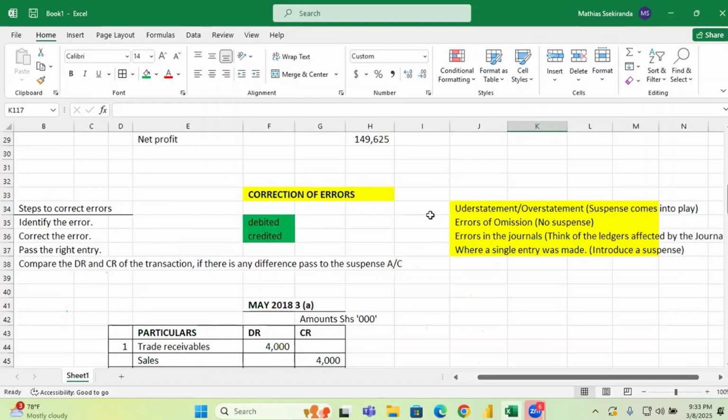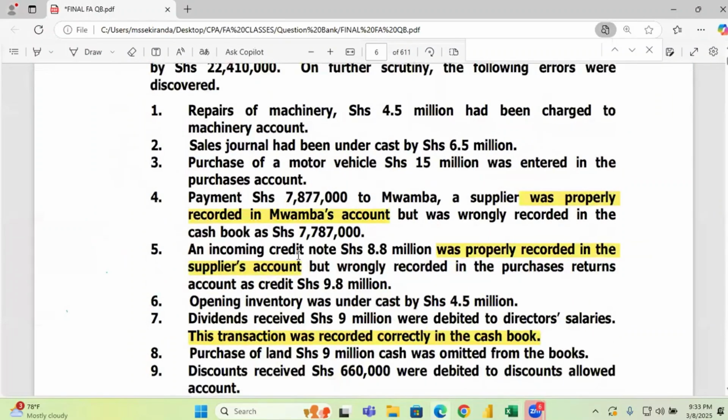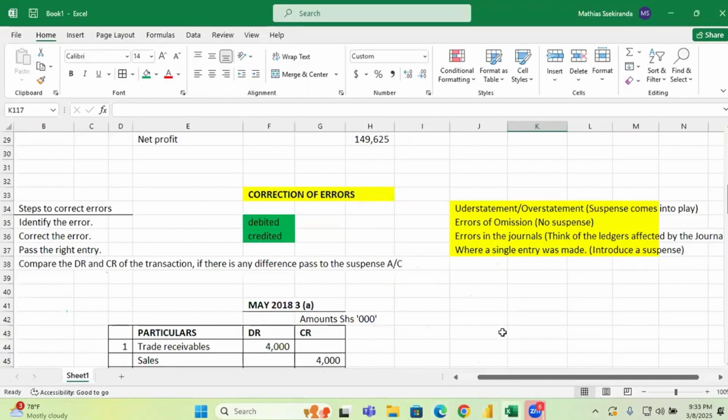But when it came to a narration which has any type of the journals, you consider the rule of errors in the journals, right?